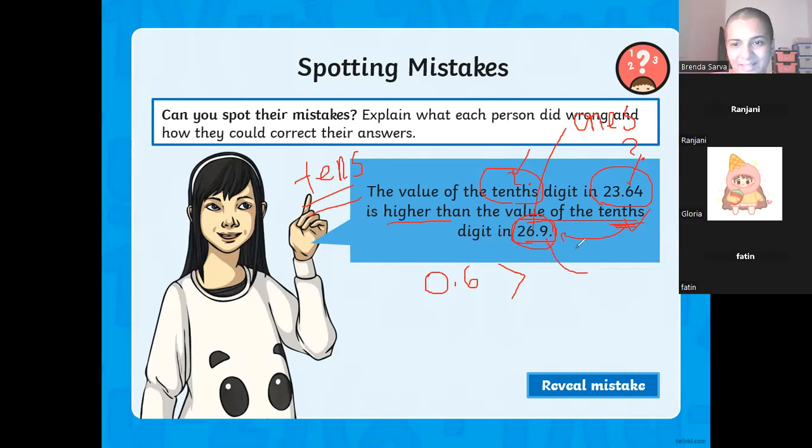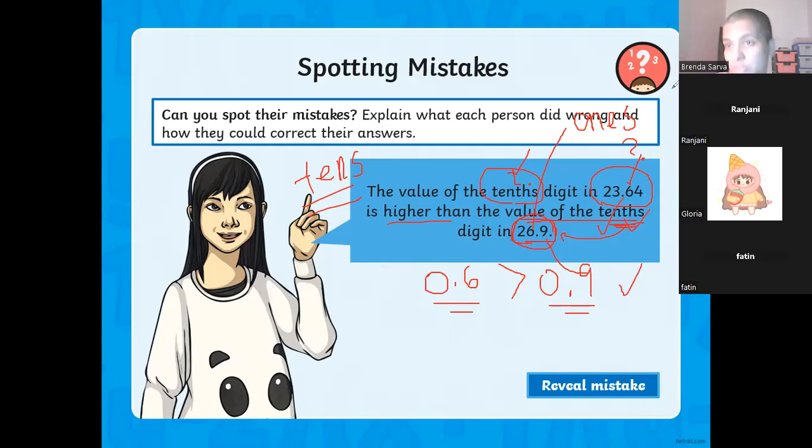And the 9 here is your tens. So this is 0.9. So is 0.6 more than 0.9? Is it correct or not? Wrong. So, Gloria, you have got the answer right.